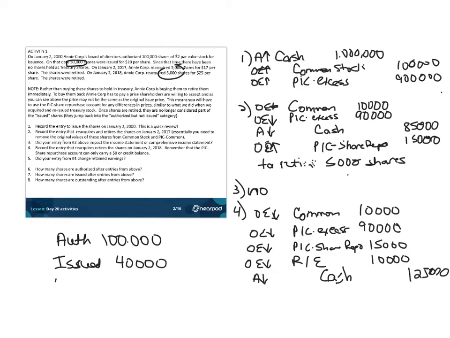And then my outstanding, remember the only difference between issued and outstanding are treasury shares, and we don't have any treasury shares here. So those two numbers are going to be the same. So that takes care of that activity. It's a good review.